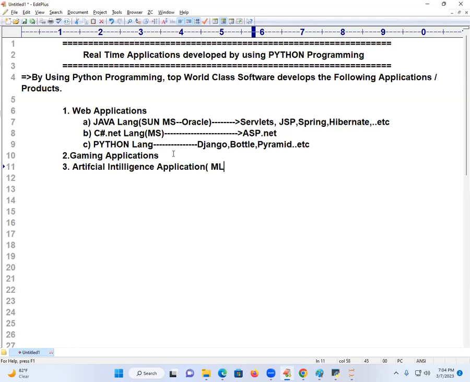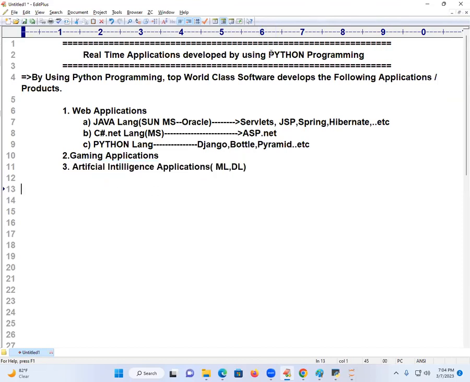It's the next trending application. Deep learning, these are called what? The various ways we are using ML and DL inside artificial intelligence applications. We are using exclusive modules.